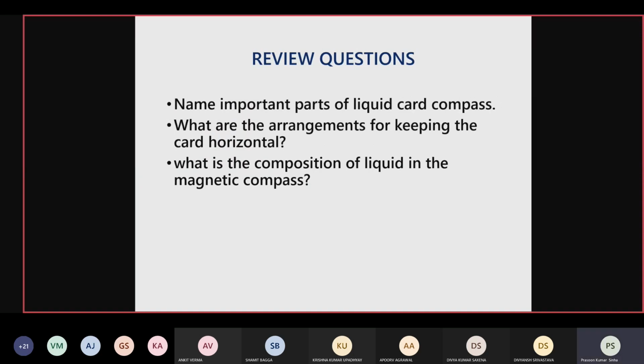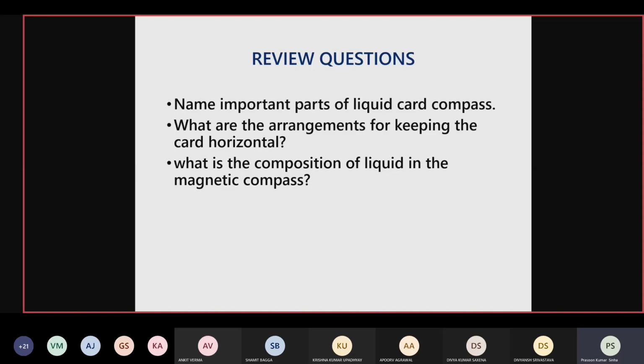So this was the construction of the card compass and the composition of the liquid. There are some review questions. See if you are okay with it. Important parts of the liquid card compass: can we name some?